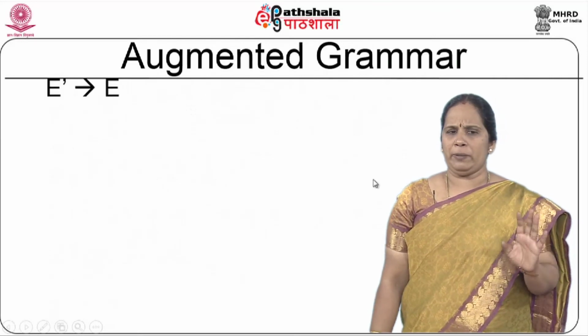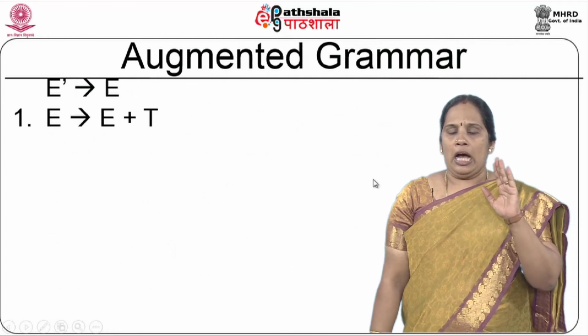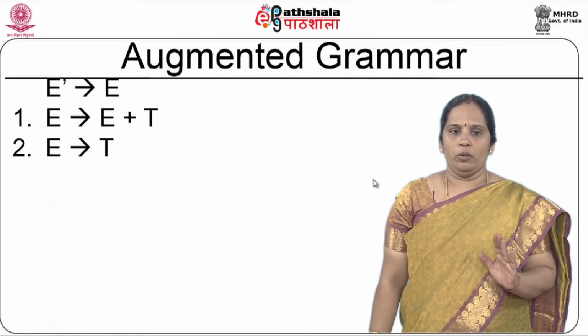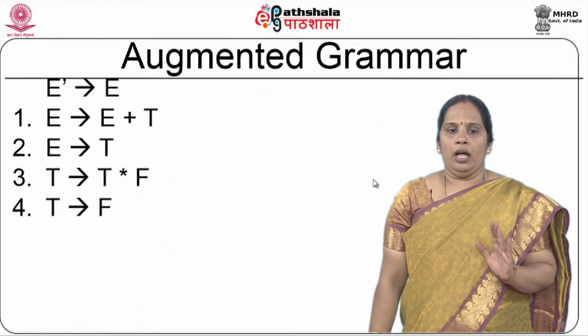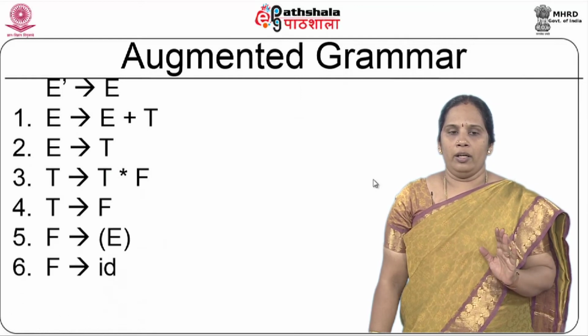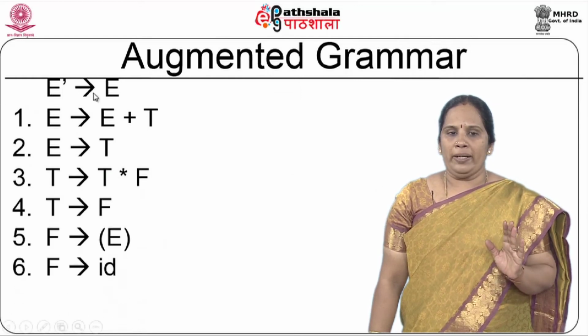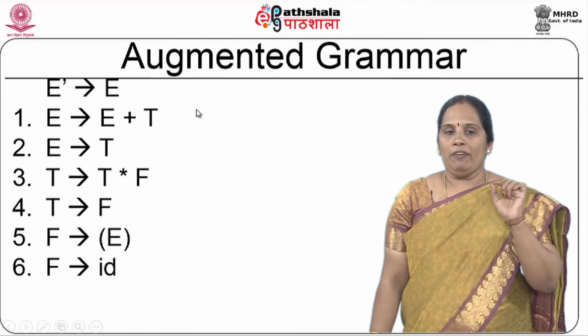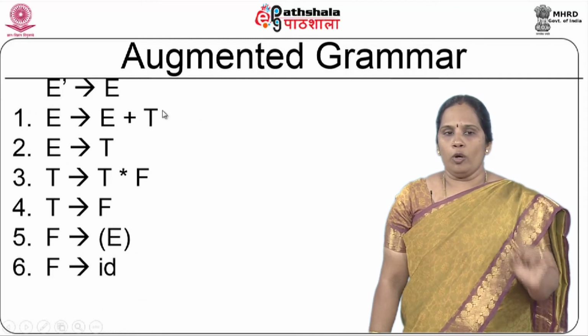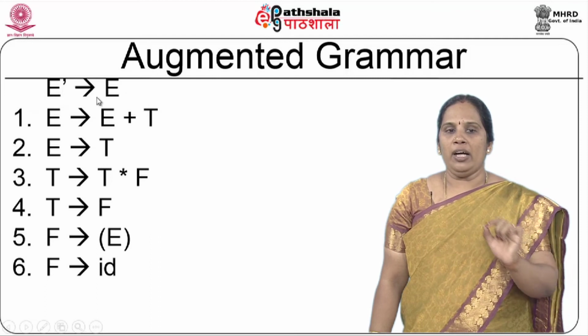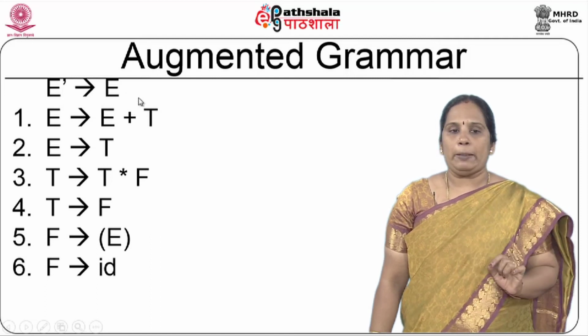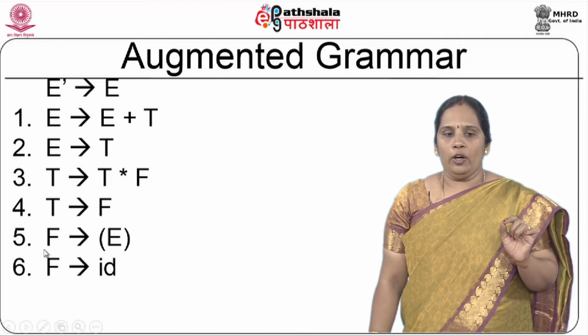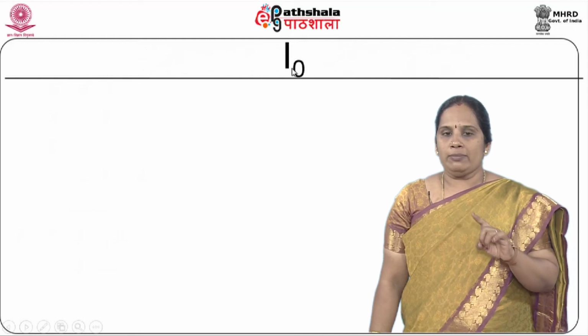Okay, consider the expression grammar, which is going to be your unambiguous expression grammar. So, this is the grammar, and I am introducing an augmented production here. So, I have to now first call closure of E dash produces dot E, okay. That is your first set, that is my I naught.